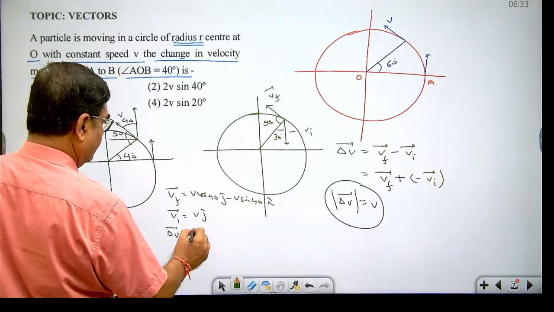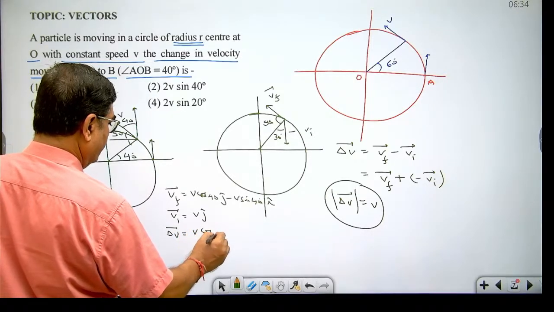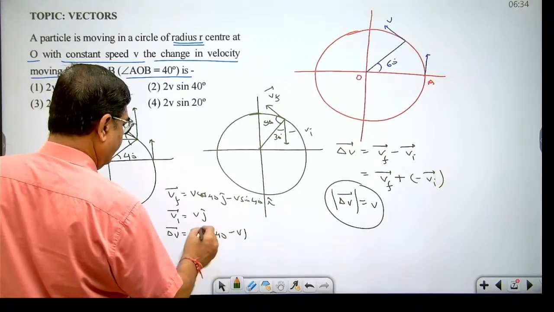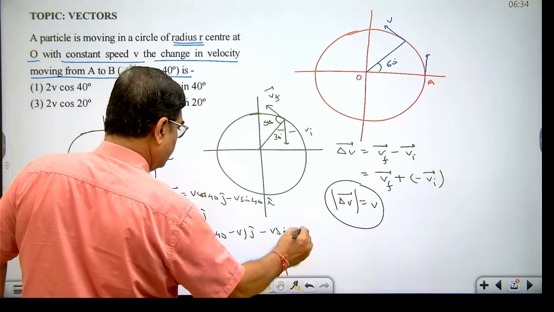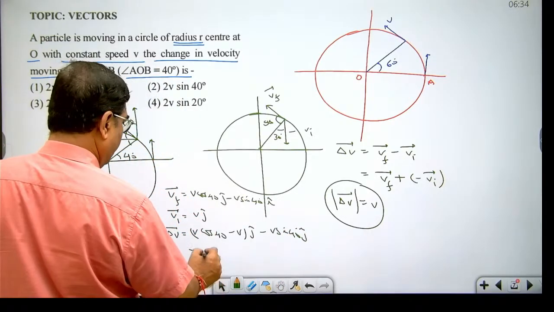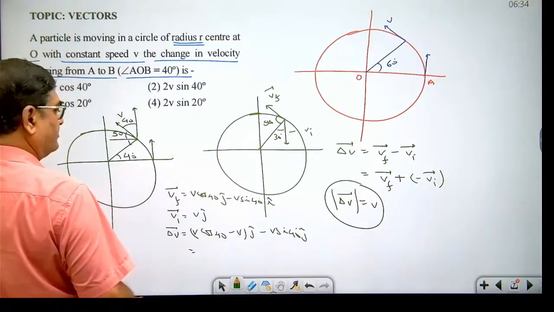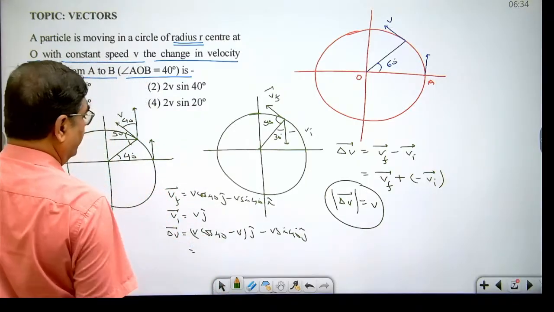So what is the change in velocity? Final minus initial. Final is V cos 40 minus V j cap, minus V sin 40 i cap. So what do you do? Take V as common. Or you can do it like this, assume theta equal to 40 degrees.